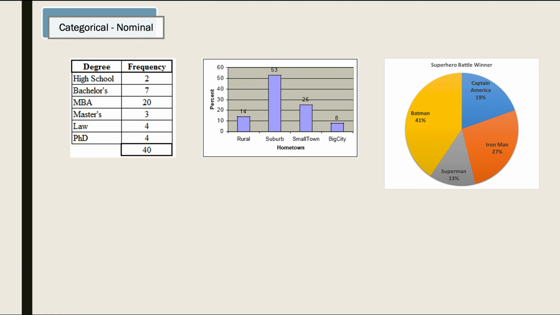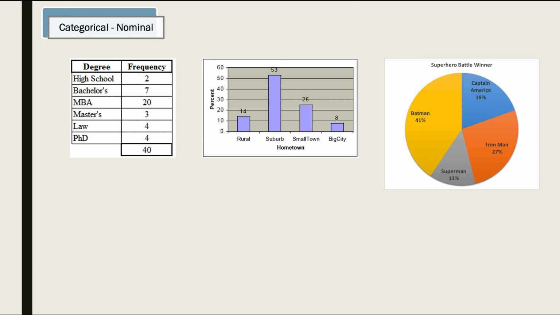For example, if we're going to talk about type of degree, so high school, bachelor, MBA, masters, law, PhD, then we have frequency: how many people have a high school degree, how many have a bachelor's, how many have an MBA, how many have masters, how many have law, how many have a PhD. Maybe this is in a certain group, but we can see the frequency there, that in total there were 40 people that were interviewed.